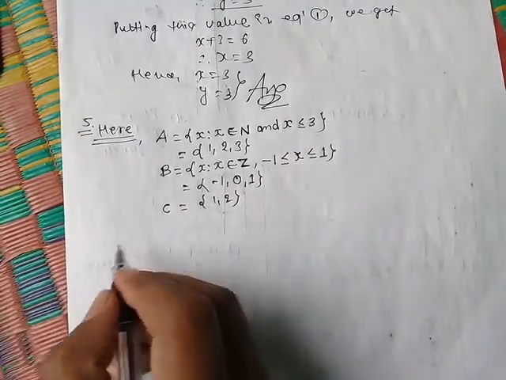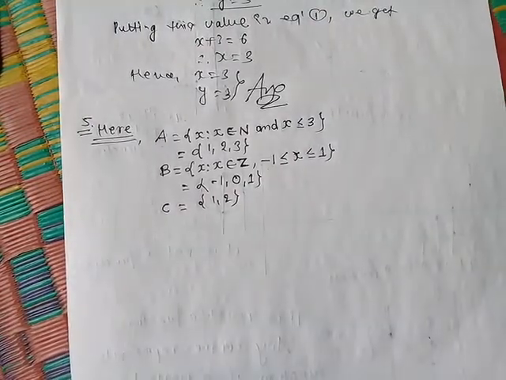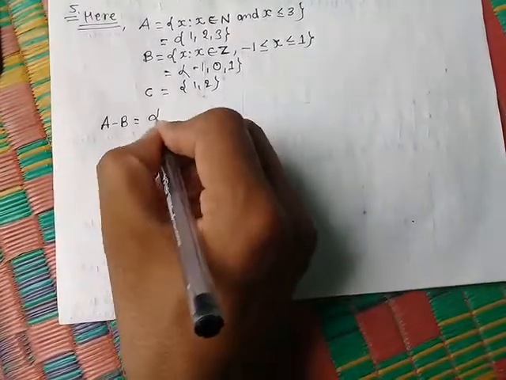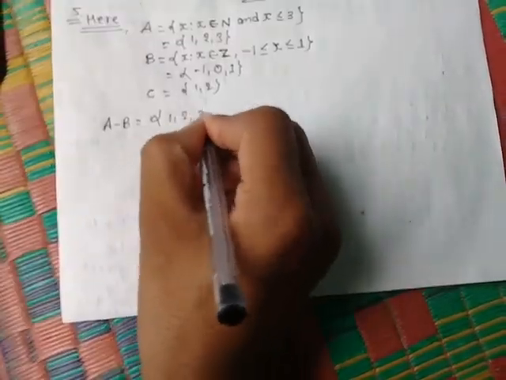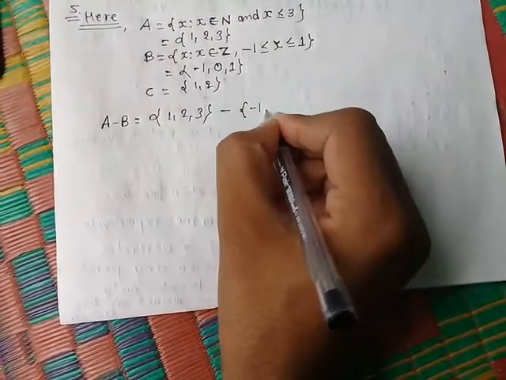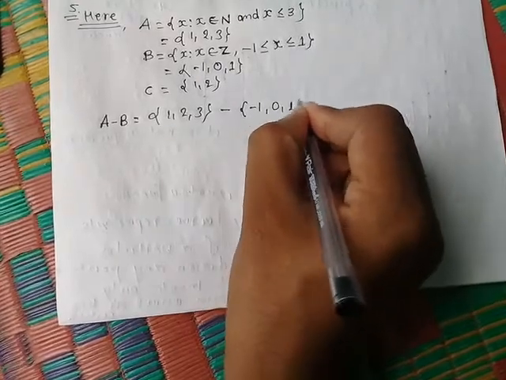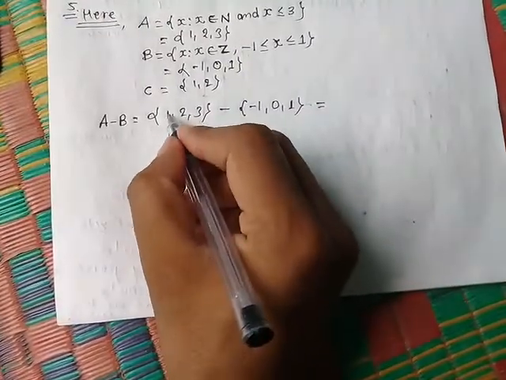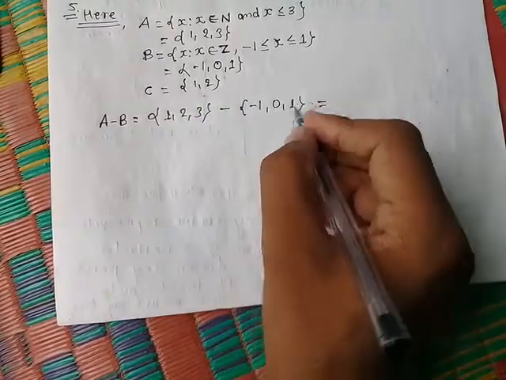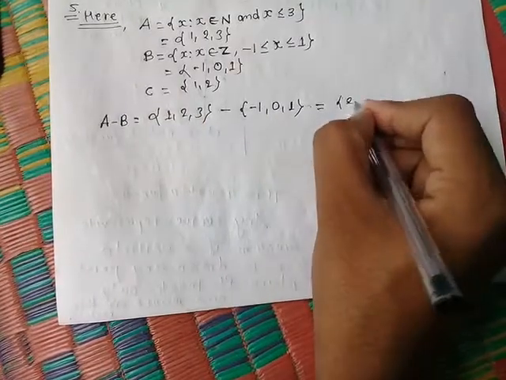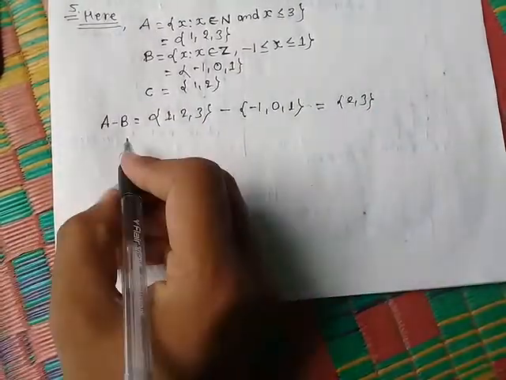Now first of all, what is A minus B? A is {1, 2, 3} and B is {-1, 0, 1}. Now what will be the difference? Always remove the common members. Here 1 is the only common one, so 2 and 3 are left in the difference.